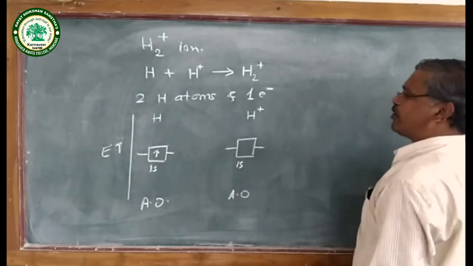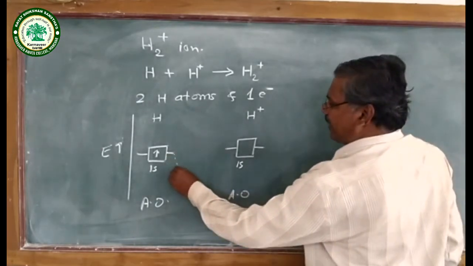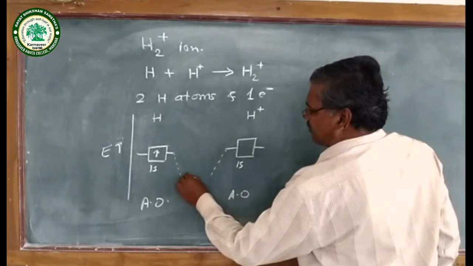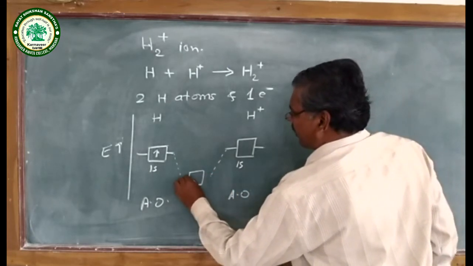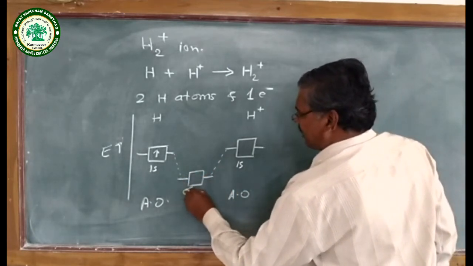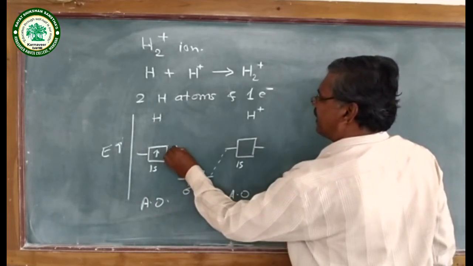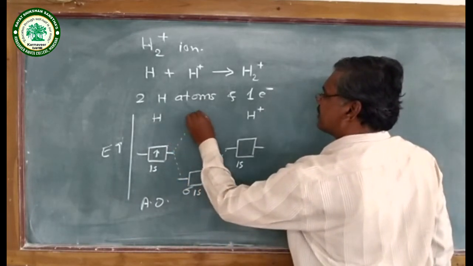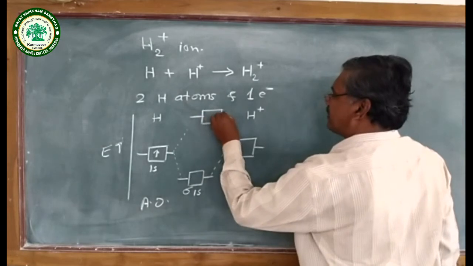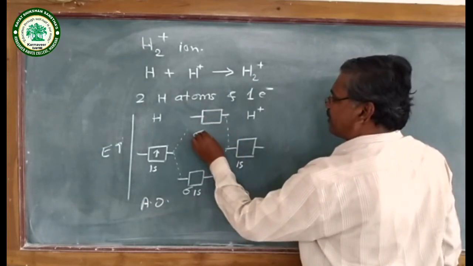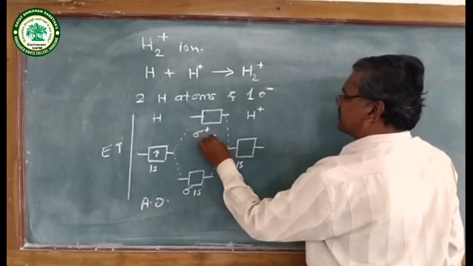So these two atomic orbitals overlap to form one bonding molecular orbital, that is sigma 1s, and another is antibonding molecular orbital, that is sigma star 1s.